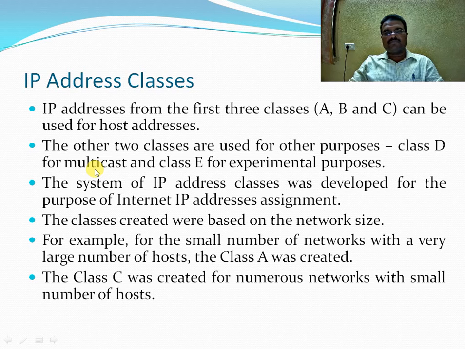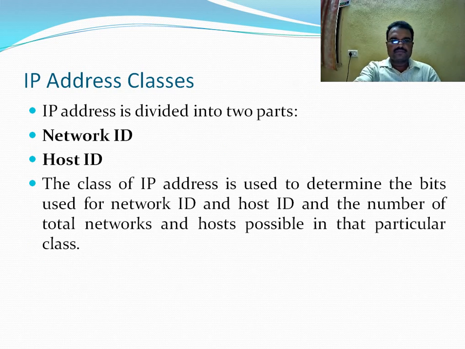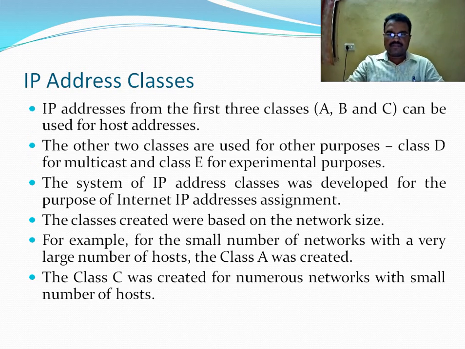The system of IP address classes was developed for the purpose of Internet IP address assignment. The classes were created based on network size. For example, for a small number of networks with a very large number of hosts, Class A was created.